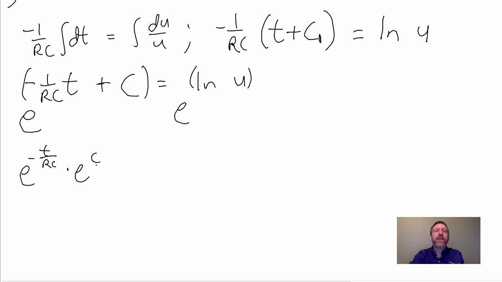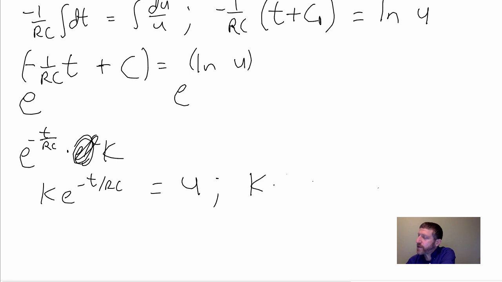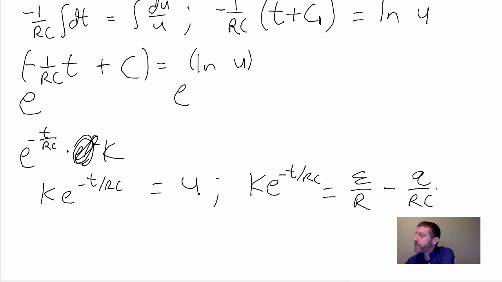Remember, when you're adding exponents, it's like multiplying. I'm just going to call this k. That gives me k times e to the negative t over rc equals, what's e to the ln of u? It's just u. So we have to go back up and find out what u is. I happen to remember that it's e over r minus q over rc.